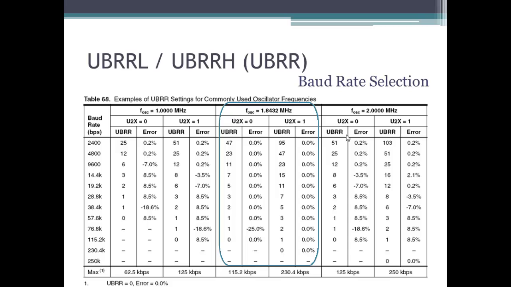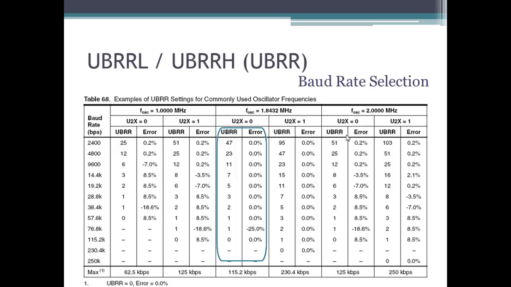Let's briefly look at the second column, where the master clock frequency has been set to 1.8432 megahertz. That's a suspiciously particular crystal oscillation frequency. You'll notice that for all the divisors, for any of the baud rates, the percent error is 0.